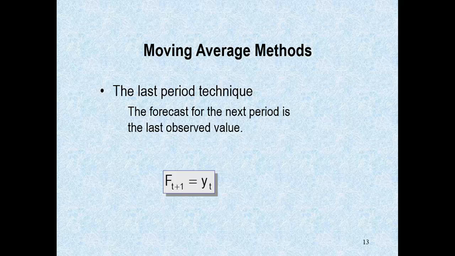If demand for yo-yos in week 52 was 500, we're predicting demand in week 53 will be 500. You don't need any kind of template for that, but it is a pretty good method. And if the budget for office supplies for 2014 was something, that's what we plug in for 2015. That's a valid technique. Whatever it was last period, that's what we're predicting for the next period.